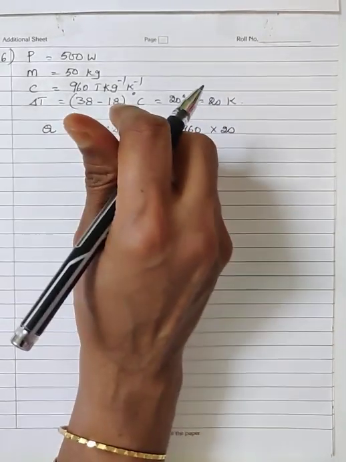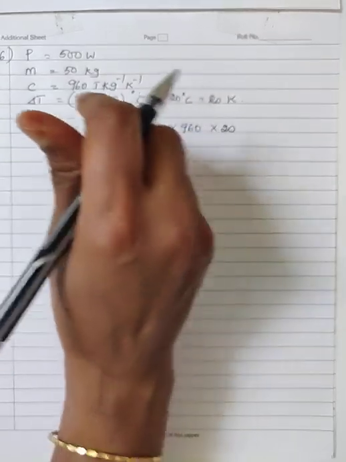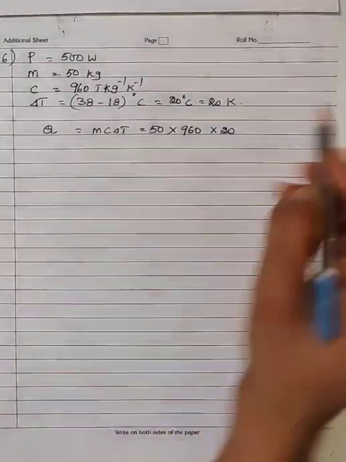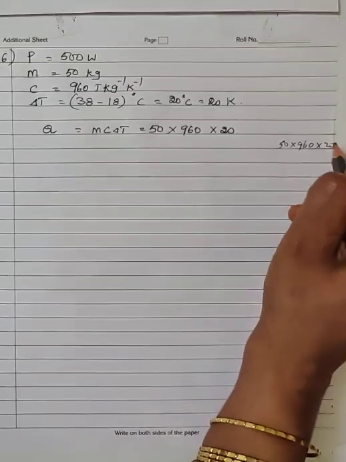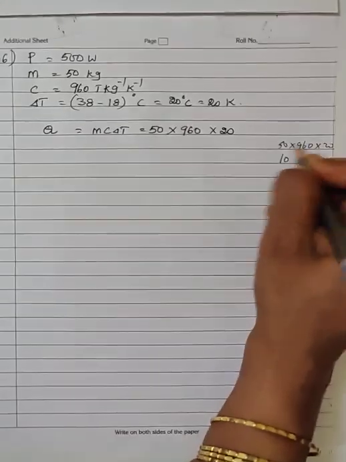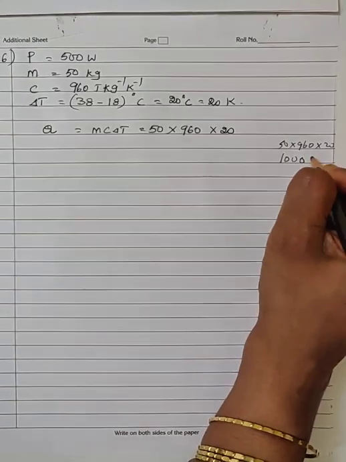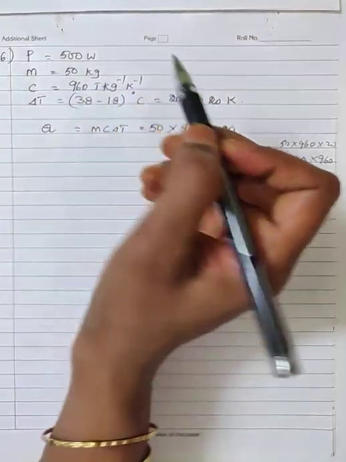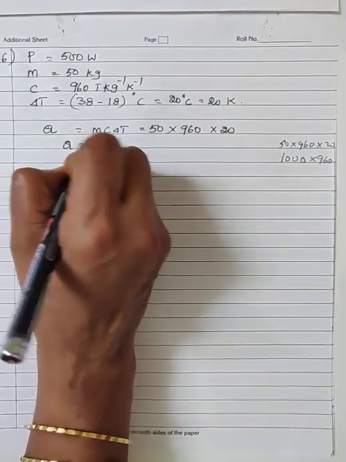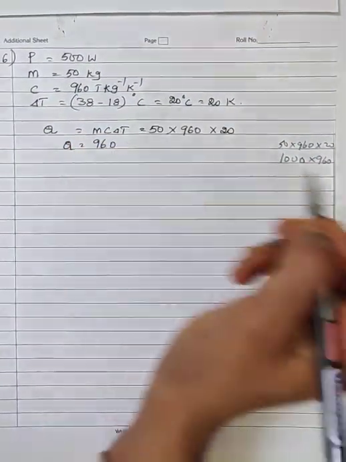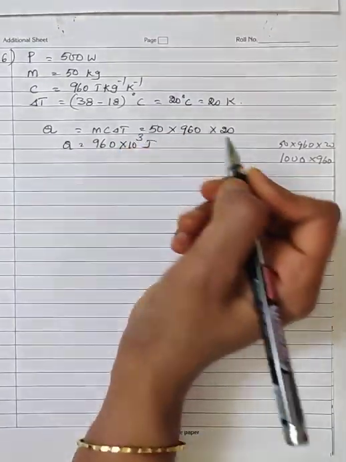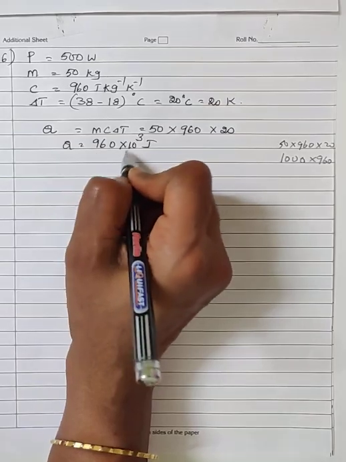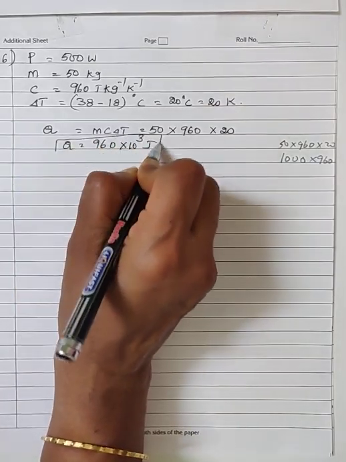So simplify this one. 50 into 960 into 20. 2 into 50, 2 50s are 100. 20 into 50 is equal to 1000, into 960, which is equal to Q. 10,000 I write as 10 power 3, SI unit is joule. So 960 into 10 power 3 joule, the quantity of heat energy.